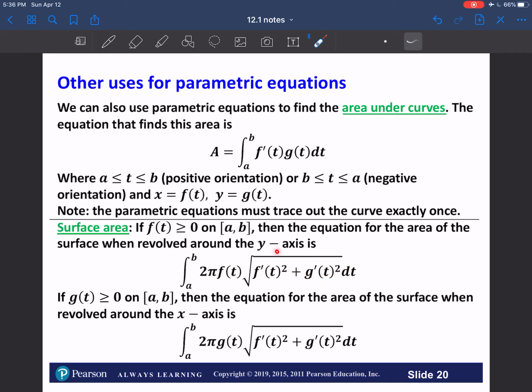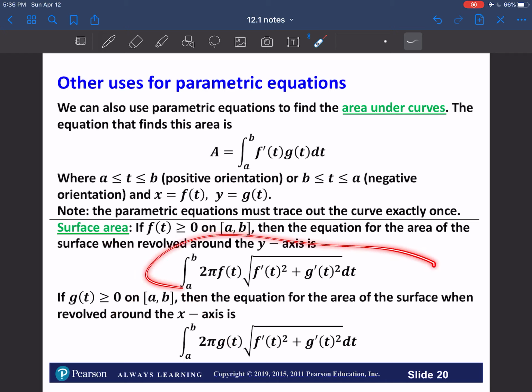We have this arc length square root that's included, and then this is basically x, and so this is the same general idea, just with parametric equations now. Similarly, if g of t is non-negative, then we can figure out the surface area whenever we revolve around the x-axis using this guy. All right, we won't actually do an example of surface area here in the notes because I think the idea is fairly straightforward.